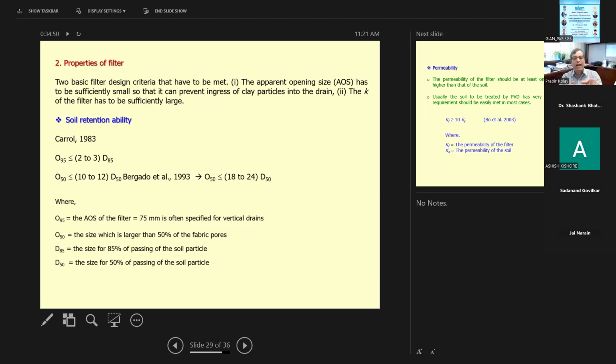So we need to check that the O95 should be less than 2 to 3 times D85. O95, the aperture opening size, you need to check, and then also there are two relations. So O50 should be 18 to 24 times D50. D50 is the particle size of the soil particles.